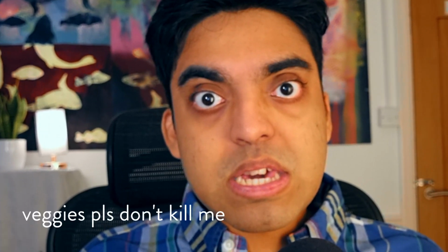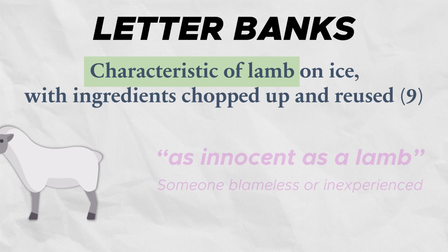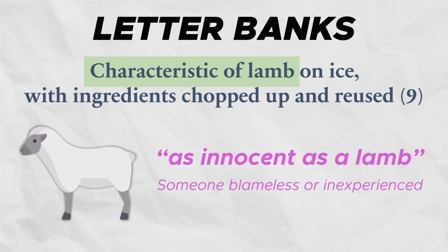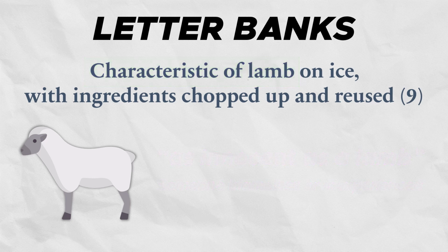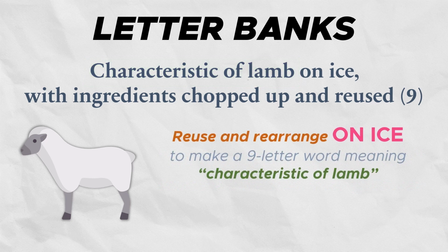So what are the characteristics of a lamb? They're white, woolly, cuddly, dare I say tasty. But there's also the phrase as innocent as a lamb, which describes someone who is blameless or inexperienced, so let's keep that in mind. So for this clue, we have to reuse and rearrange the letters in on ice to make a 9-letter word that means characteristic of lamb.